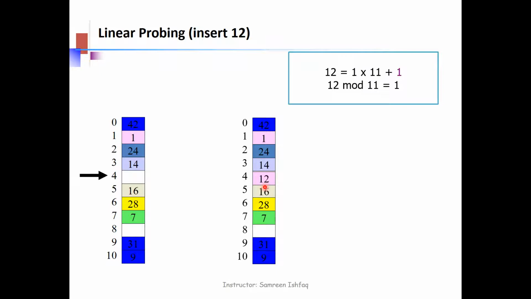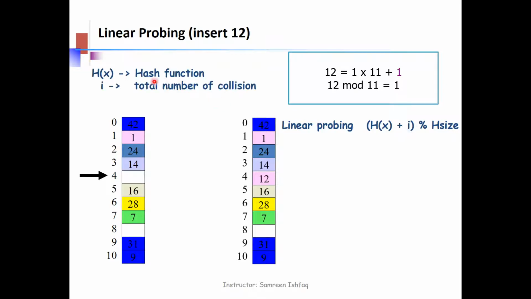So if collision occurs, we will use this formula in linear probing: h of x plus i, where h of x is the hash function and i is the total number of collisions. First time, when we try to insert at the first location, the number of collisions is 1. The value of the hash function was 1. 1 plus 1 is equal to 2, and we will try the second index. At the second index, again collision occurs.